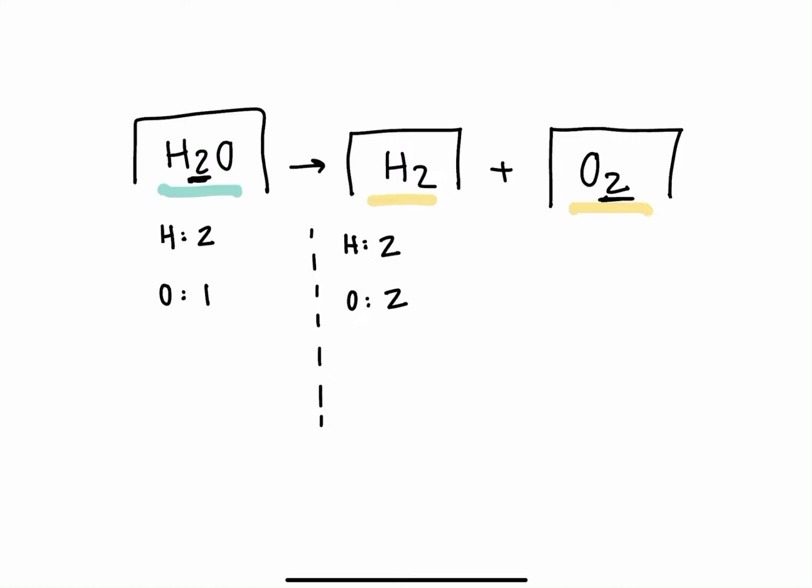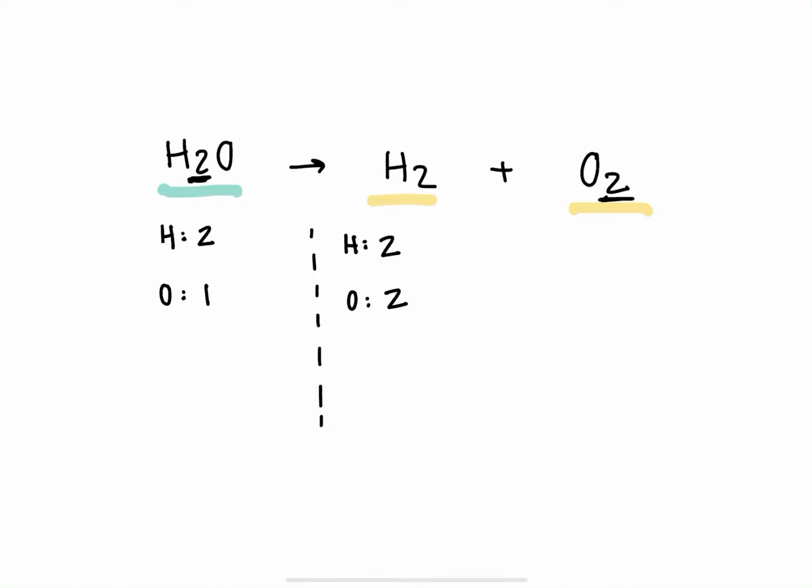Okay, so once you have your lists, the thing about balancing reactions is you're going to change the coefficients of each element, which are numbers that you're going to place in front of the elements, okay? And these numbers are multipliers of the subscripts.